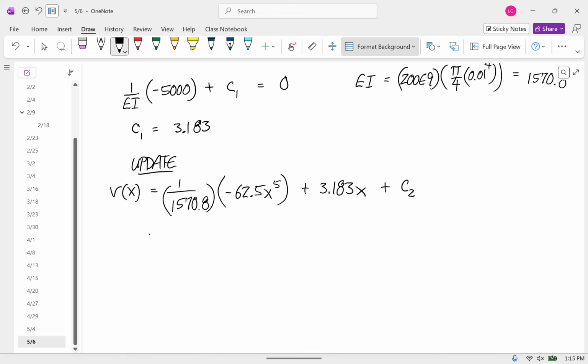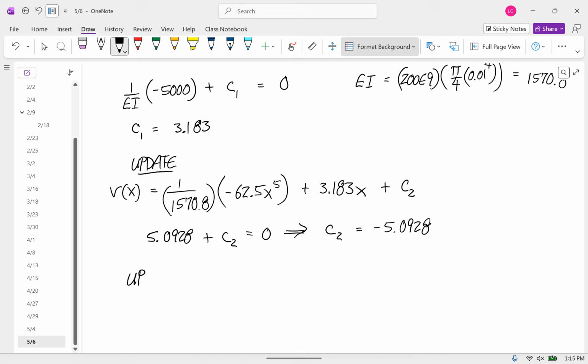So this says 5.0928 plus C is equal to 0. This is C2. So C2 is equal to negative 5.0928.